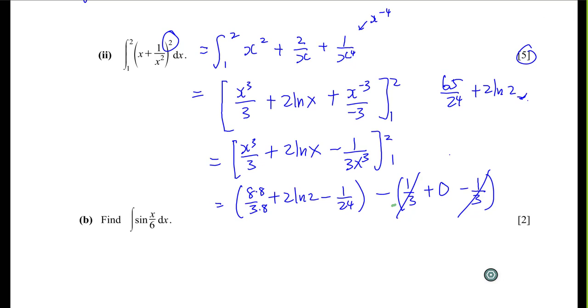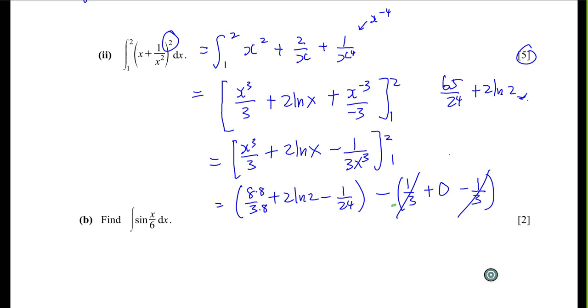If I substitute in the 2 into here, negative 3 divided by negative 3, so it's 1 over 3x cubed. Plug in the 2 will be 8 over 3. 8 here, so 3 multiplied by 8 is 24. Correct. Substitute in the 1, 0.